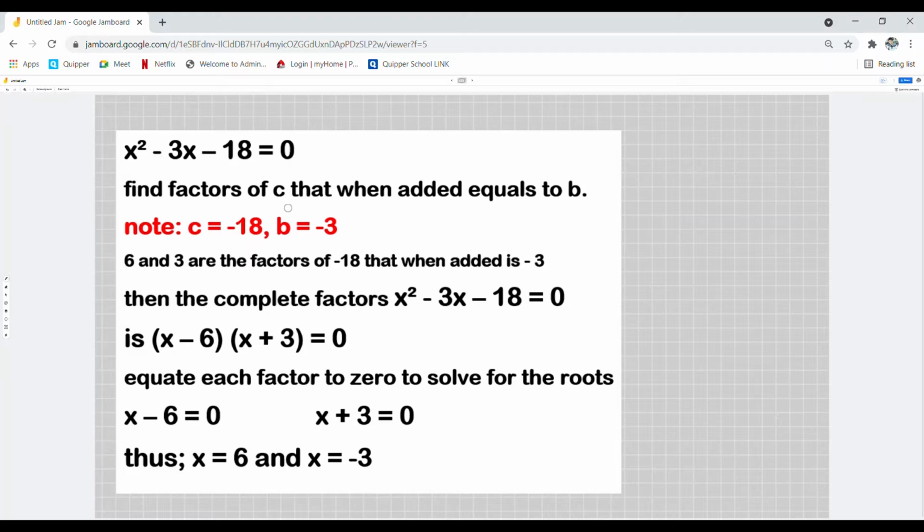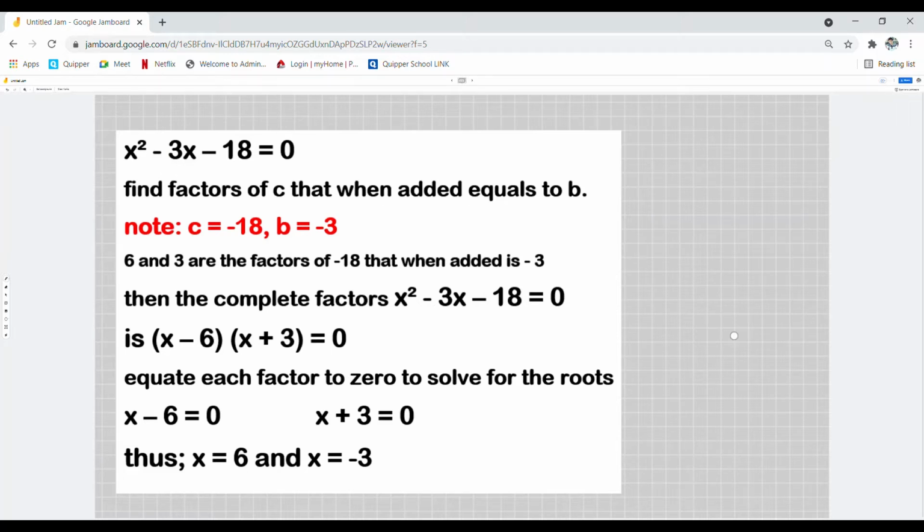This is the method. Actually, this is the thing that you're going to do here. So find factors of c, and you know our c is negative 18. Okay, and that when added equals to b. Alright, so we will find factors of negative 18, and when we add it, it should be equal to negative 3 because negative 3 is our b here.